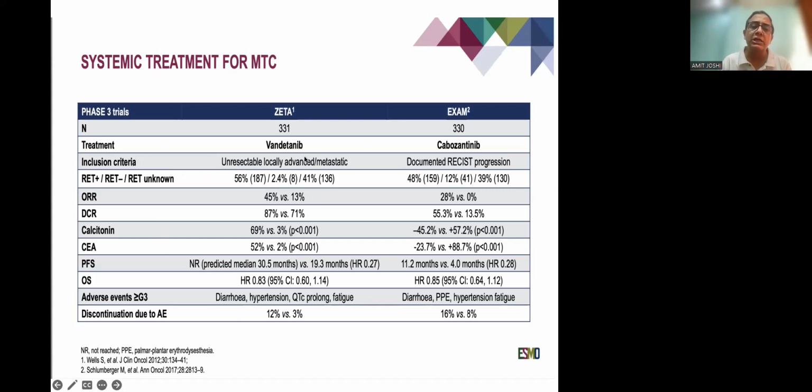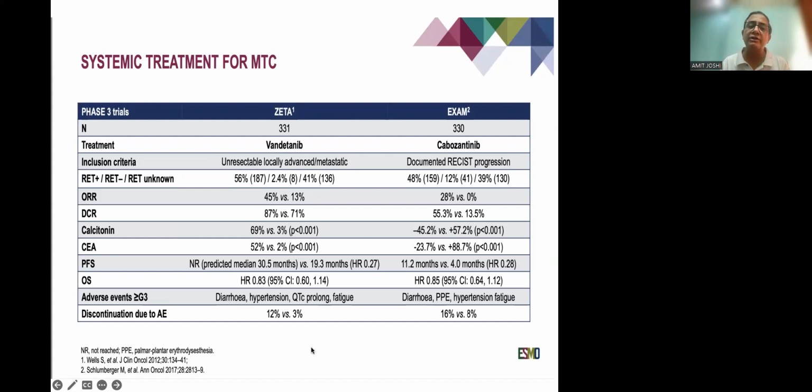The population was the same, unresectable locally advanced or metastatic, and this question is again very important in medullary thyroid cancer. In the vandetanib study, all patients started vandetanib irrespective of whether their disease was radiologically progressing or not, whereas in the cabozantinib study, there had to be documented RECIST-defined progression of the disease for the patient to be included.